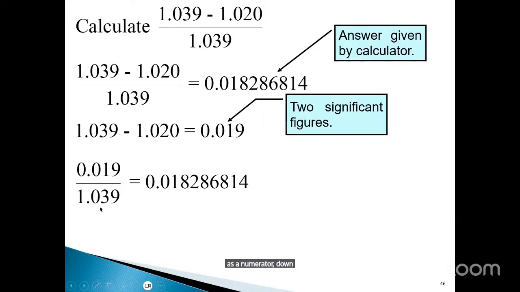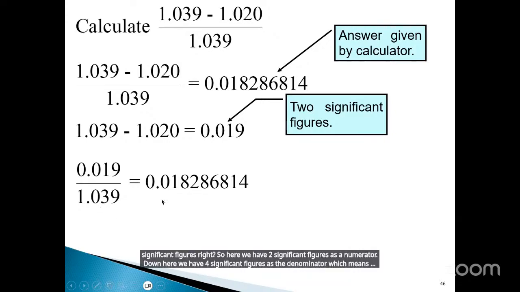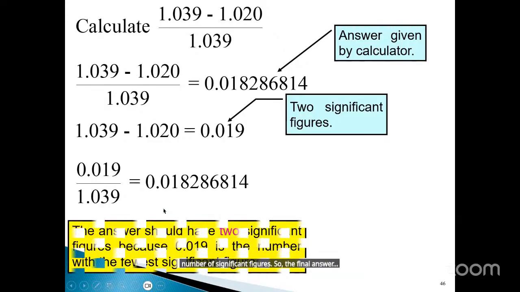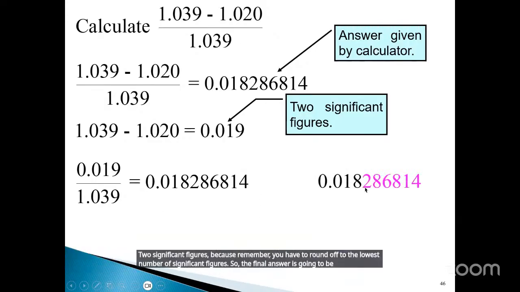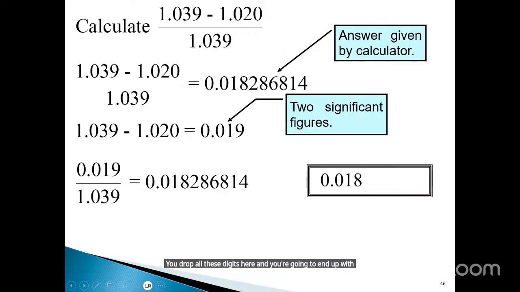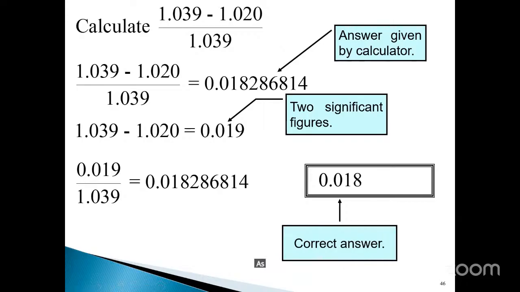Down here we have 4 significant figures as the denominator, which means that whatever you get when you put the numbers in the calculator and press equal, you have to round this off to 2 significant figures, because remember, you have to round off to the lowest number of significant figures. So the final answer is going to be, you drop all these digits here, and you're going to end up with 0.018 as your final result. All right? And that's it. That's basically how that is done.